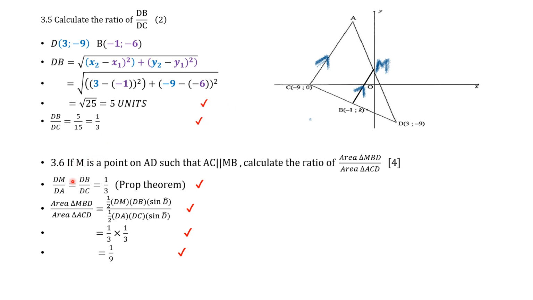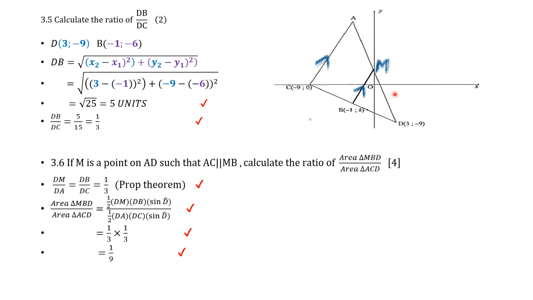Now 3.6, they say if M is a point on AD such that AC is parallel to MB. So they have put in the M, right? I should put it there, but it just wouldn't look right, so I might just shift it a little bit just to show you the concept. So those two lines are parallel. So if those two lines are parallel, automatically, according to the proportionality theorem, AM over MD must equal CB over BD, or AD over MD must equal AC over BD.